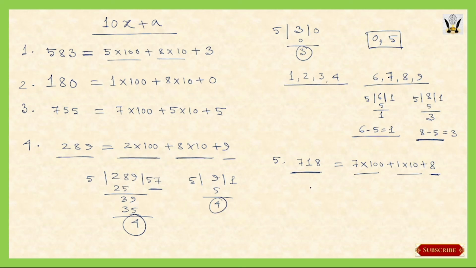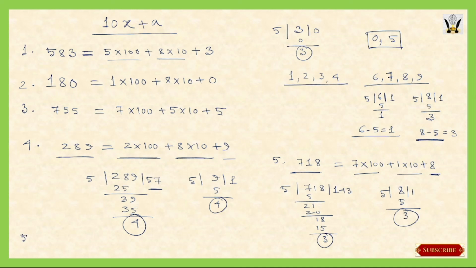So what will be the remainder now? 718, if we divide by 5, the remainder is 3. And if we divide 8 separately by 5, then also the remainder will be 3. That means whatever digit we have at unit place, if we divide it separately, the remainder will be the same as when we divide the whole number by 5.